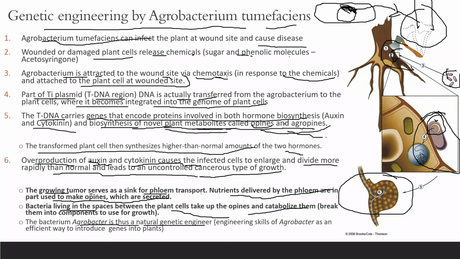Opines and agropines are majorly involved in the growth and synthesis of major hormones of the plants, whereas auxin and cytokinin are oncogenic, because overproduction may lead to cancerous growth. Overproduction is very harmful for the plants, whereas optimum production is always good.